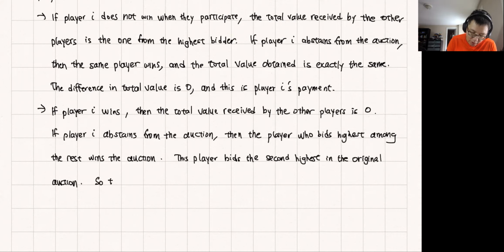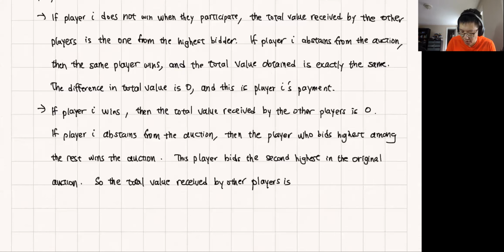So the total value received by other players is this second highest bid.